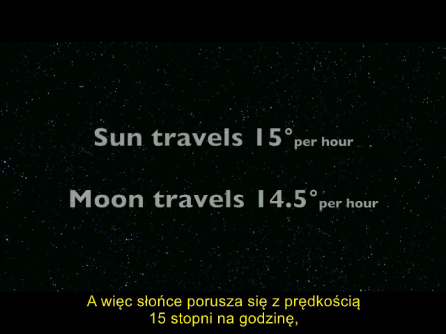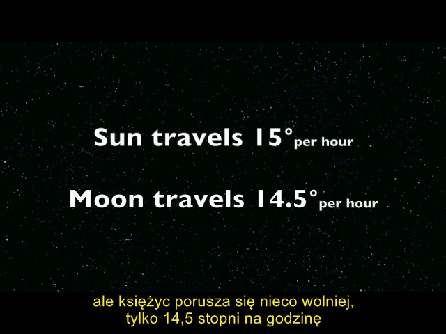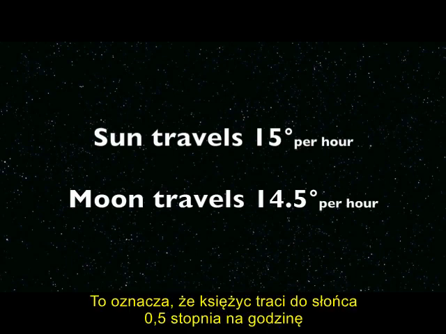So the sun moves 15 degrees per hour, but the moon is slightly slower. It only moves 14.5 degrees per hour. This means that the moon loses 1/2 degree on the sun per hour.